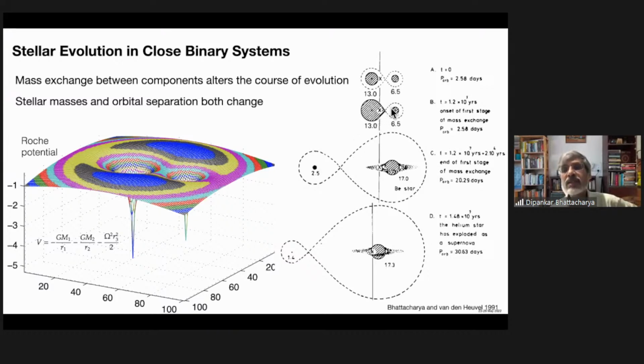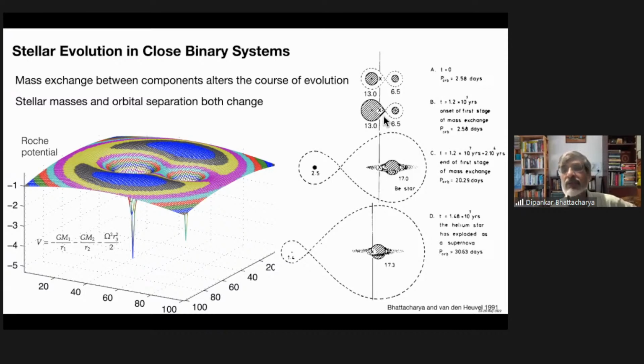This can strip the star entirely of its envelope, leaving a helium core of 2.5 solar mass, and the other star acquires all that extra mass onto itself. In the case of conservative evolution, this can grow to a 17 solar mass star.